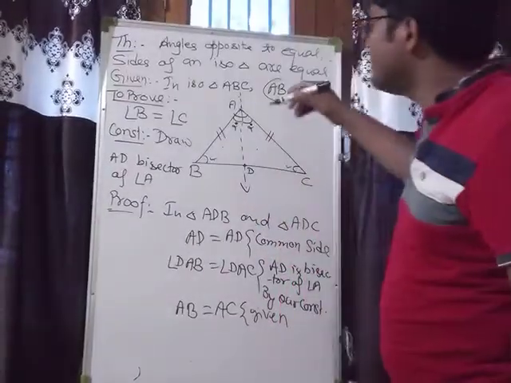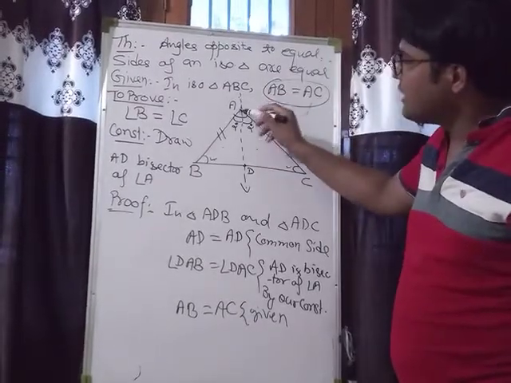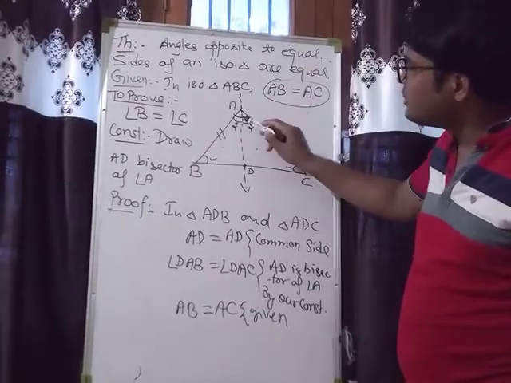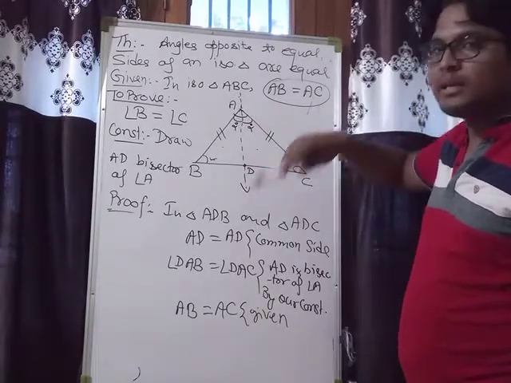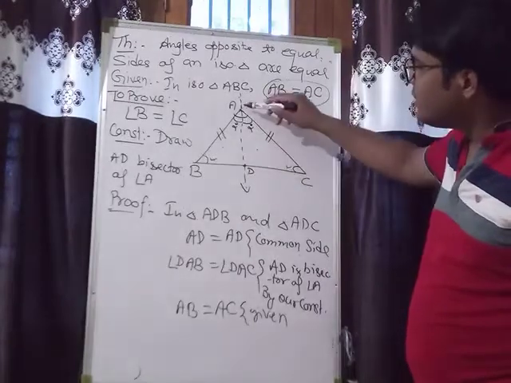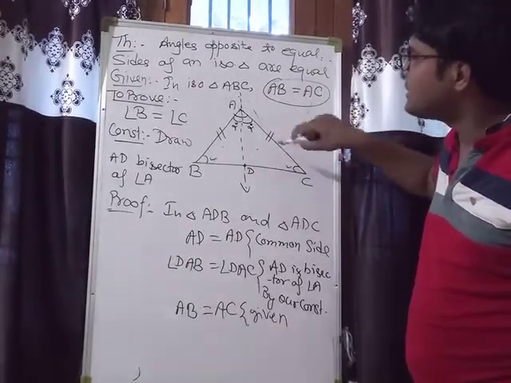So again you can see in triangle ADB, side AD, side AB, and the angle included between these two sides, DAB, are equal to side AD, side AC, and the angle included between these two sides, DAC.